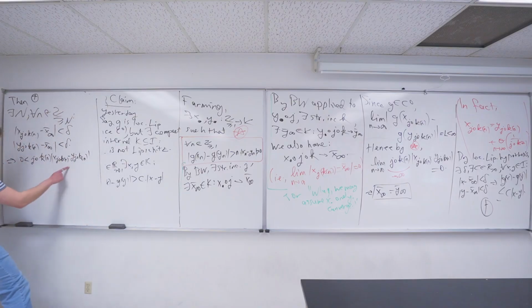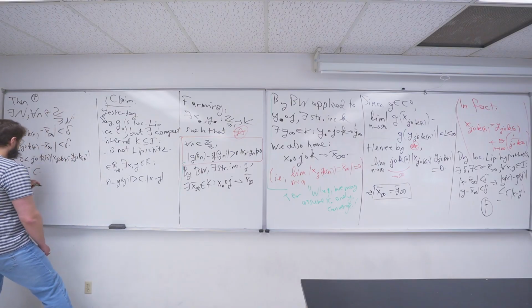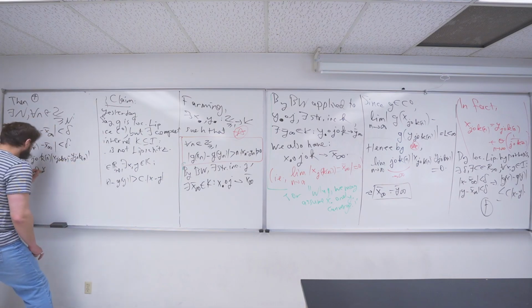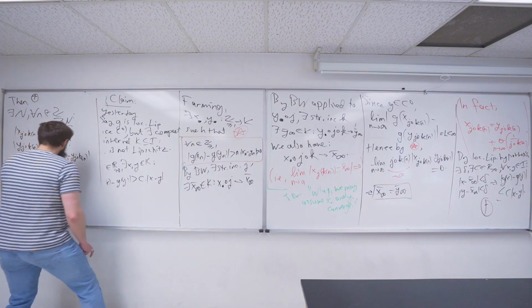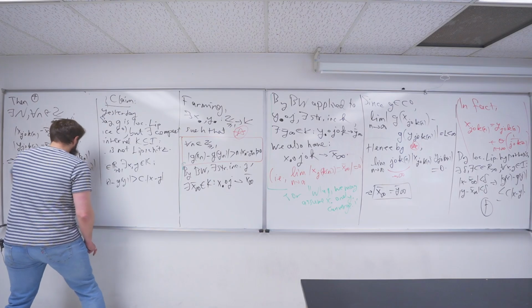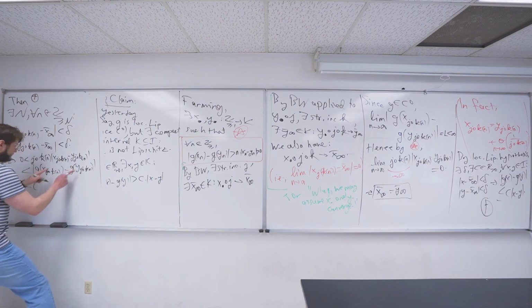Like so, and then this is upper bounded by c times, no, this upper bounds this, which then, by the local Lipschitz property, is upper bounded by c times this distance.